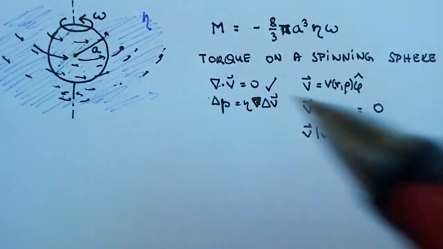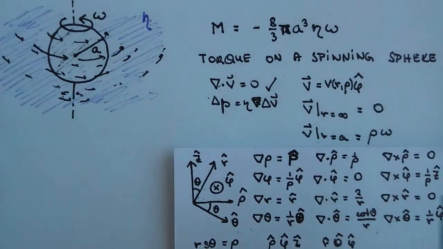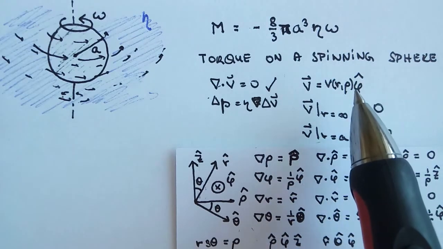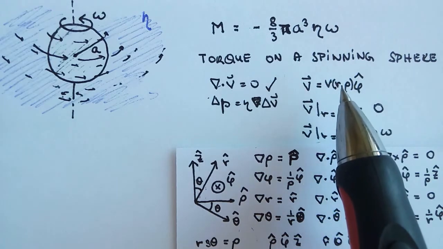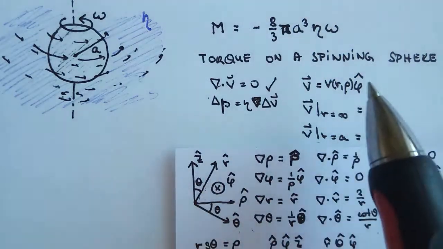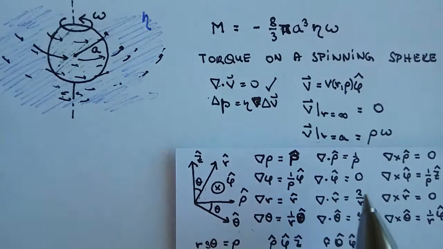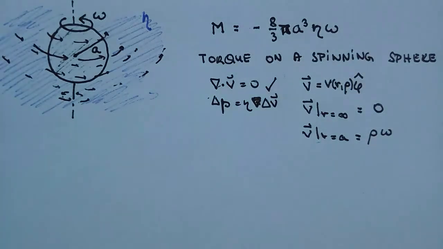If you take the divergence, you will get v with respect to rho dotted with phi, which is 0, v with respect to r, which gives r hat, also 0 because they are perpendicular to each other, and there is also the divergence of phi, which is 0. So that's automatically 0. So the first equation is solved immediately.